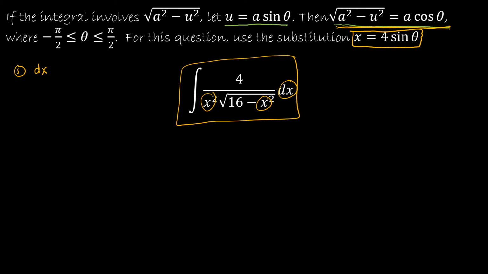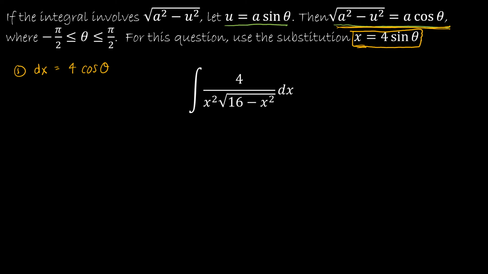Then we're going to integrate in terms of theta, and then we're going to have to back substitute so that it's back in terms of x. So it's a roundabout way of finding the answer, but it's effective. So again, my first step is to take the derivative of x. If x is 4 sine theta, then in this particular question, dx is 4 cosine theta d theta.